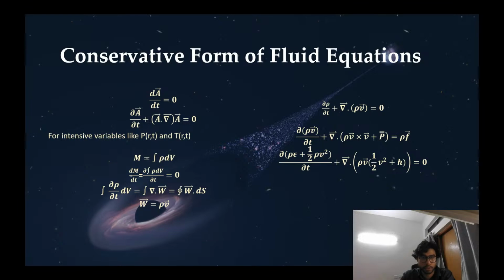If you are considering the whole system as a whole, then dm dt would be 0, right? So if you do dm dt, you get d of integration rho dV by dt is 0, right? And similarly, this will be d rho dt dV equals 0.